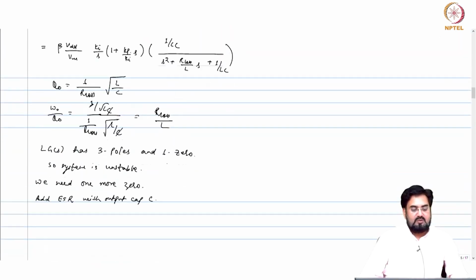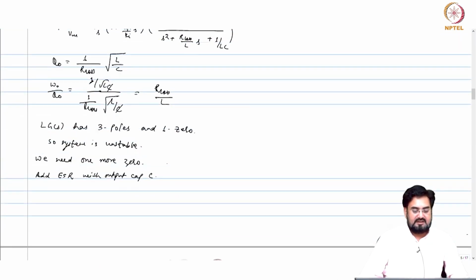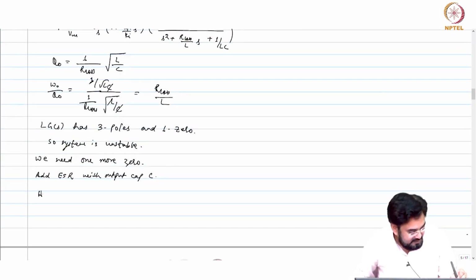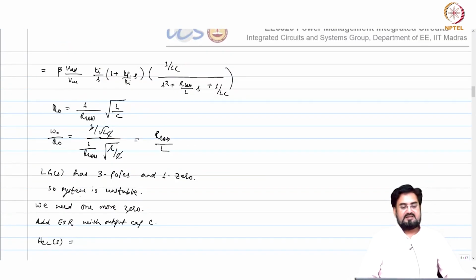So what all changes will happen in HLC if I do that? What will change? Resonance frequency or Q, or what will be the transfer function? Just tell me, HLC. So what extra term are we going to have here?